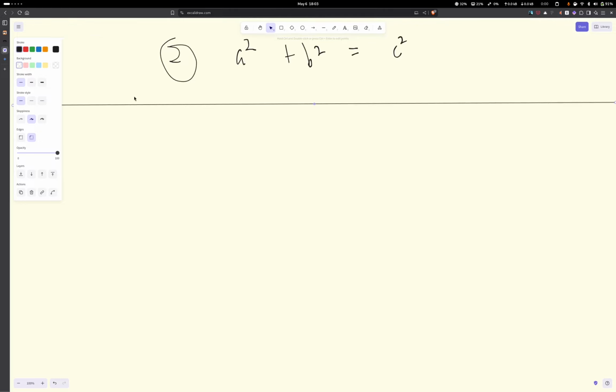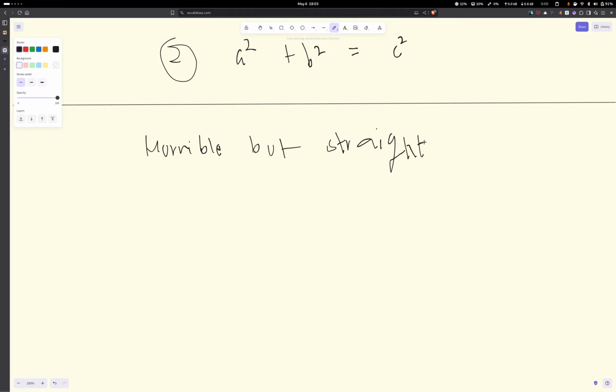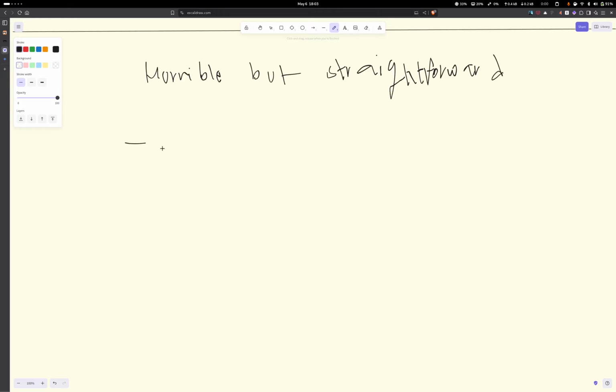So this is the horrible but straightforward solution first. The horrible but straightforward solution is a triple nested for loop. I know that's practically blasphemy, but I kind of want to see how well Nim handles something like this.